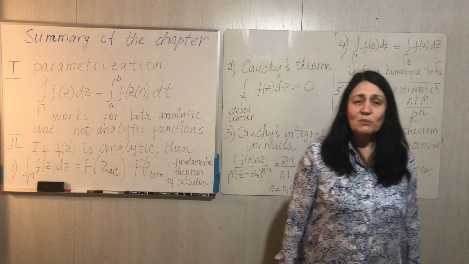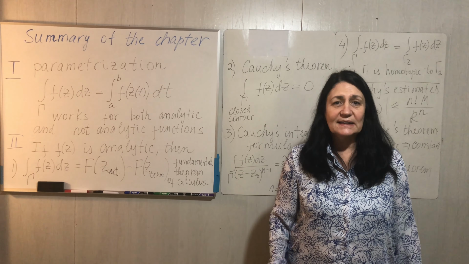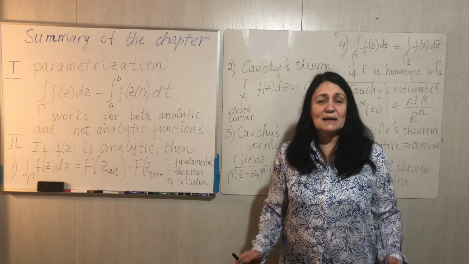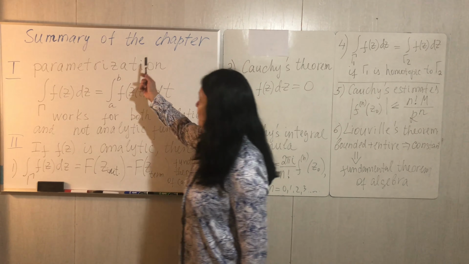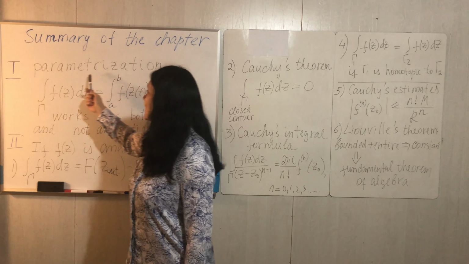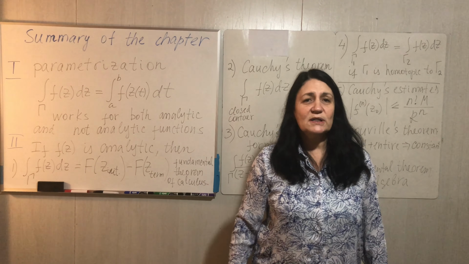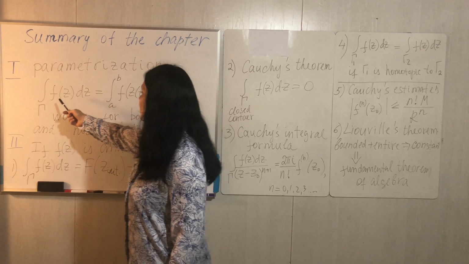So at this moment we covered all of the materials related to chapter 4. Let me quickly summarize everything that we have discussed. So, summary of the chapter. First thing, we were talking about how to compute integrals using parameterizations, using a path.